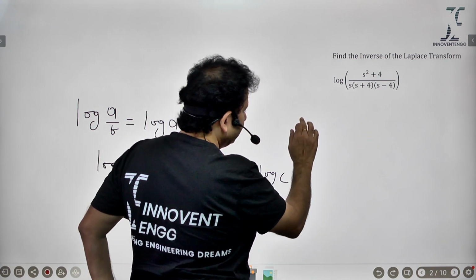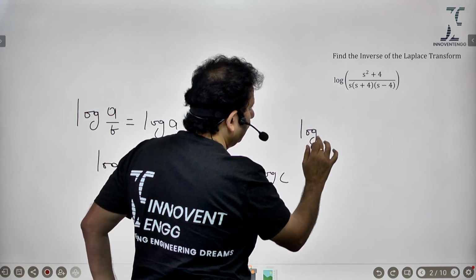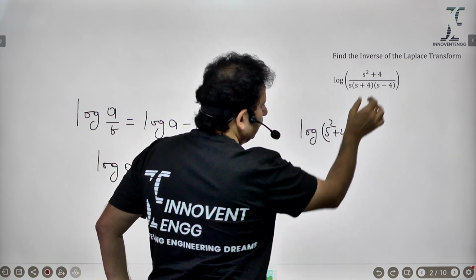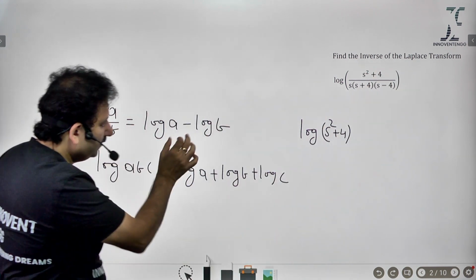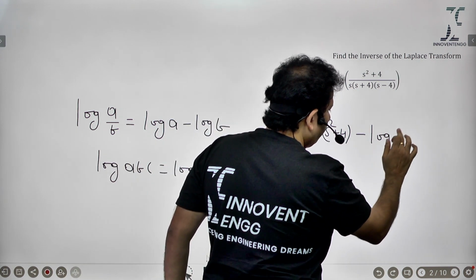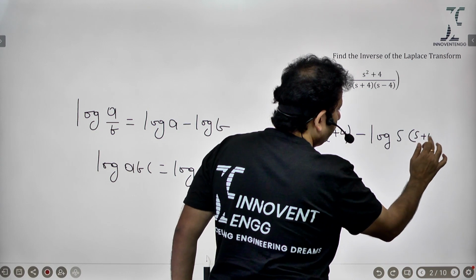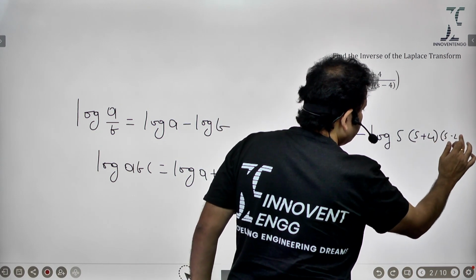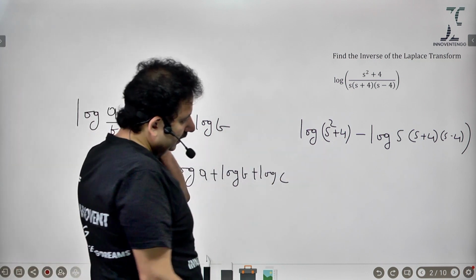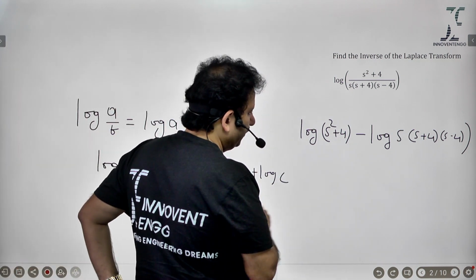So this is going to be rewritten as log of s square plus 4, because a by b, I'm going to write it as minus log of s into s plus 4 into s minus 4. That was a basic logarithmic algebra for you. And then finally, how would I simplify?